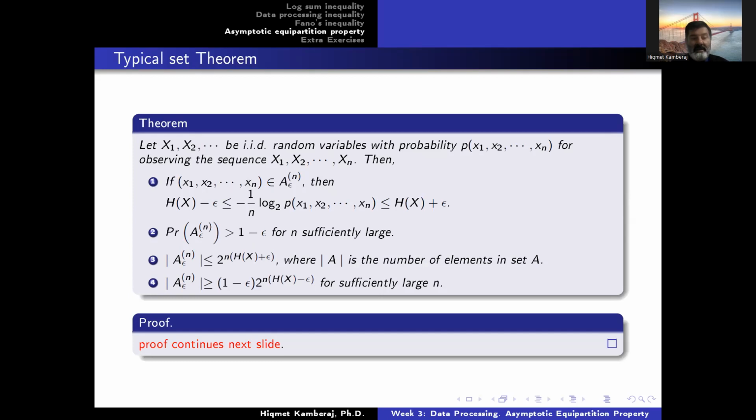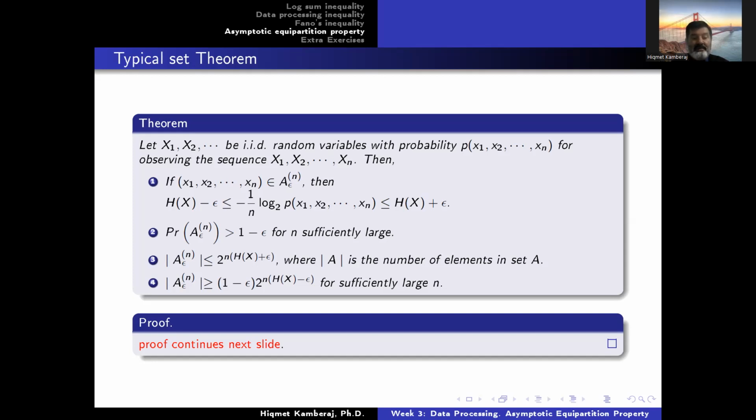Then, if x1, x2, xn is an n-tuple from the A epsilon n, then H of X minus epsilon is less than or equal to minus 1 over n log with base 2 of the joint probability mass function, less than or equal to H of X plus epsilon. The second part of the theorem is that the probability of A epsilon n is greater than 1 minus epsilon for n sufficiently large.